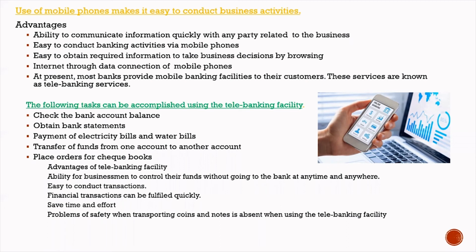This helps us in communication of information as well as to conduct banking activities through mobile applications. Since we can browse the internet, and the entire world of information is just a click away, we can get all the required information as soon as we want. So taking business decisions will be really easy.